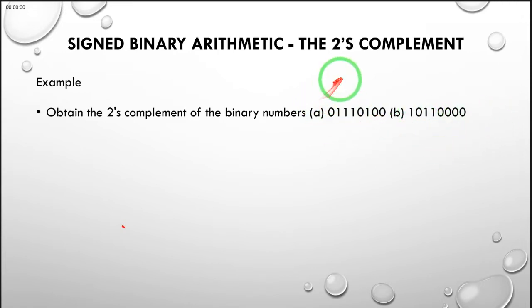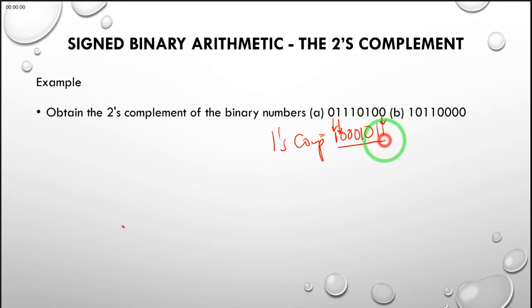If you recall, the 1's complement of a number is obtained simply by interchanging 1's with 0's and 0's with 1's. So I will do that to obtain the 1's complement. The 1's complement is 1 1 0 1. That is how you obtain it: 0 becomes 1, and 1 becomes 0, as we can see in this example. So this is the 1's complement of this binary number.